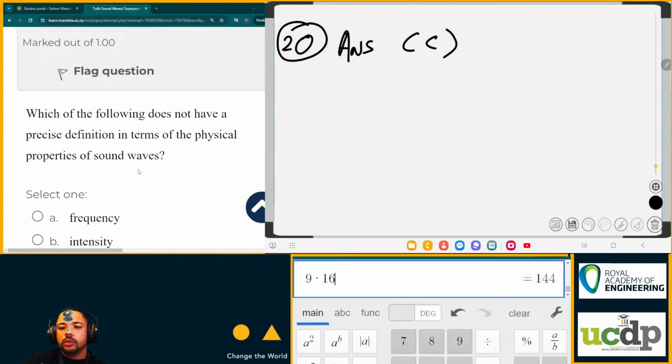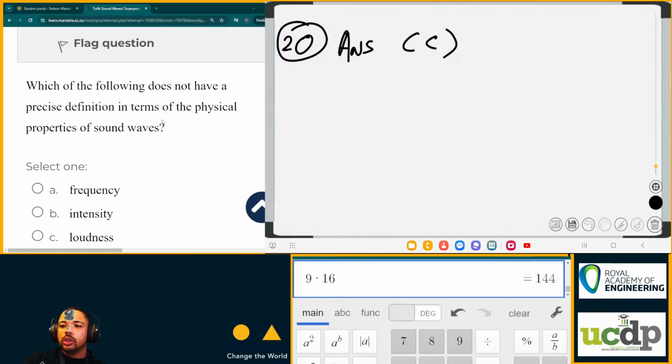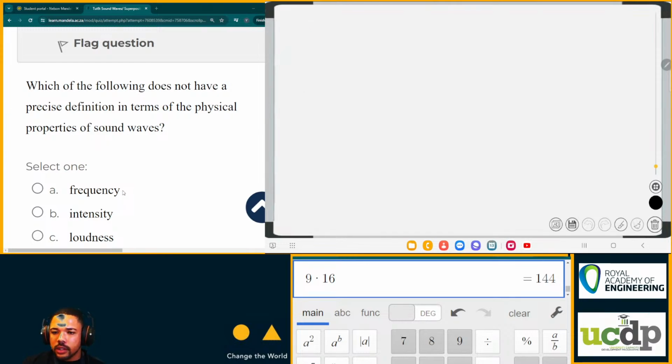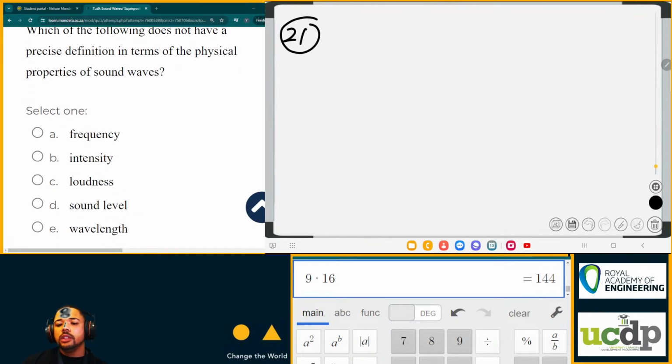Question number 21. Which of the following does not have a definition in terms of the physical properties of sound waves? Frequency is the number of oscillations that occur per second, so it does have a precise definition. Intensity is the power per unit area, so it does have a definition.